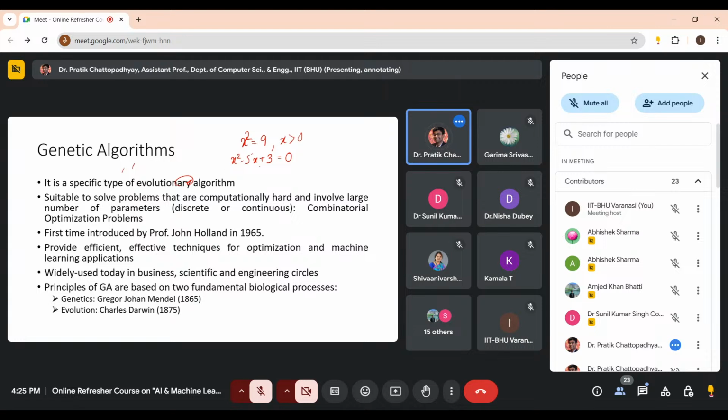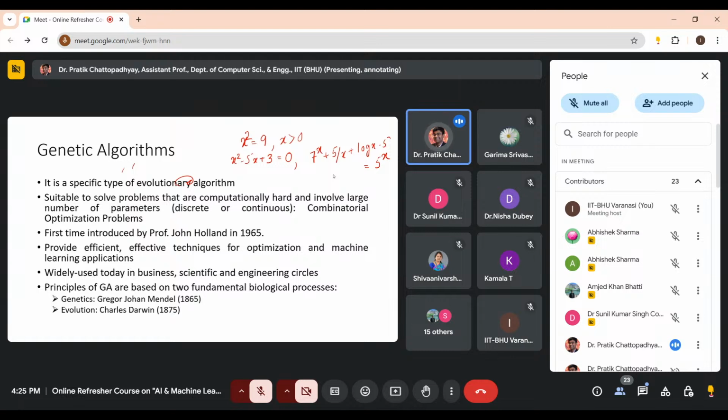But if I give a very different problem, say 7 to the power x plus 5 divided by x plus log x minus 5 equals 5 to the power x, just a random equation I am writing involving x. To solve this, we do not know any straightforward mathematical steps or any algorithm that can solve this problem.